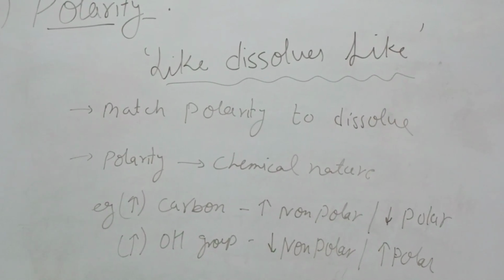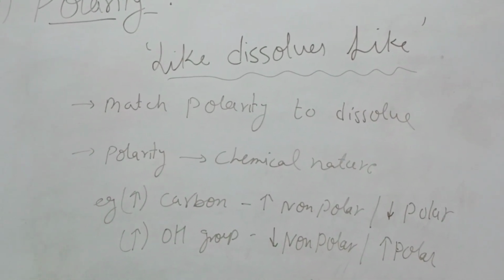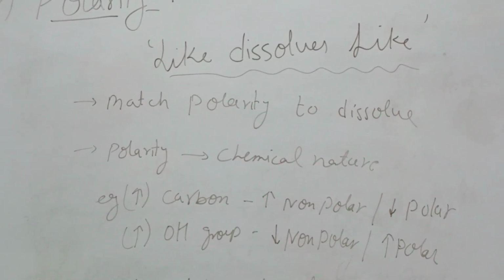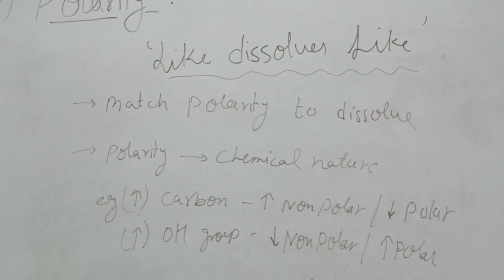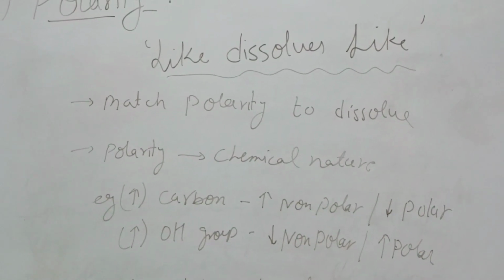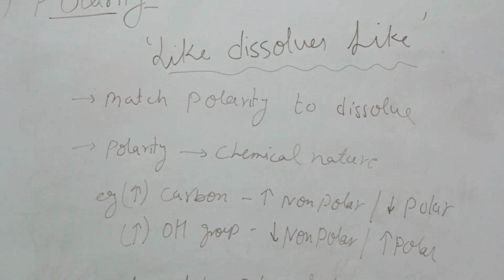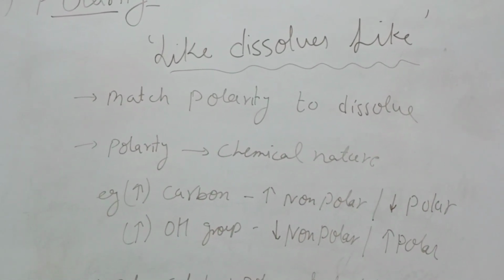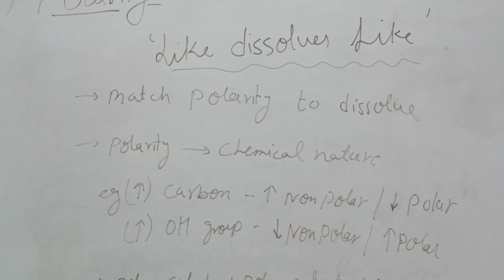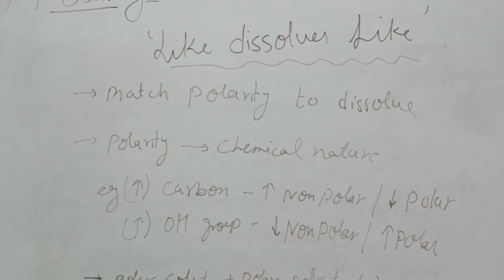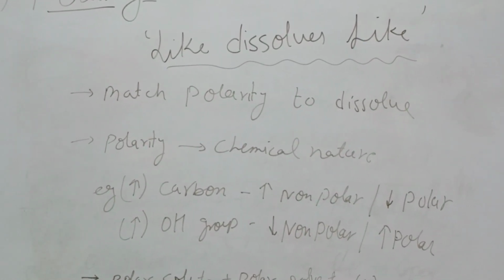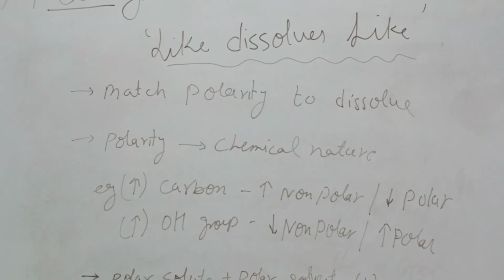I exemplify this by taking the example of carbon. Any organic compound which contains a greater number of carbon atoms in its core structure, that extent or degree of carbon atoms present in an organic compound also affects the polarity.